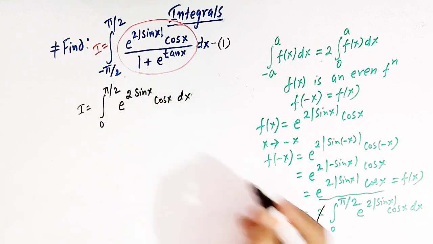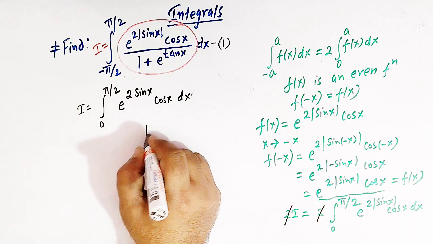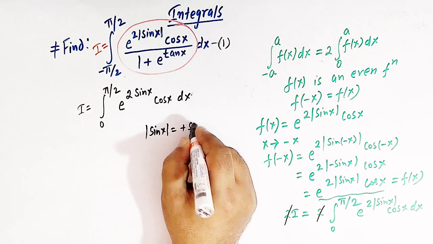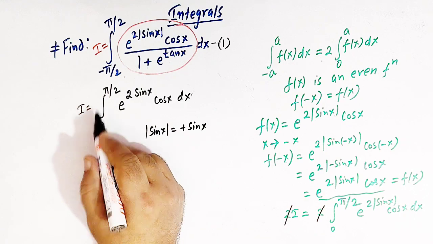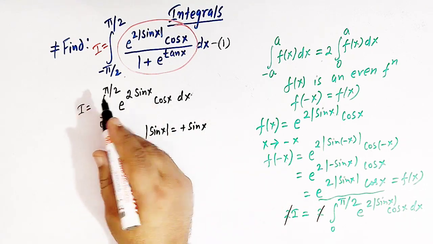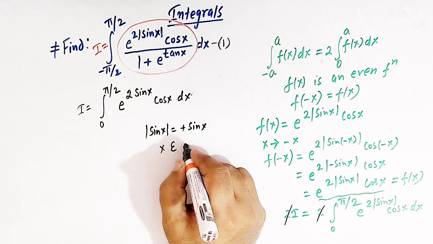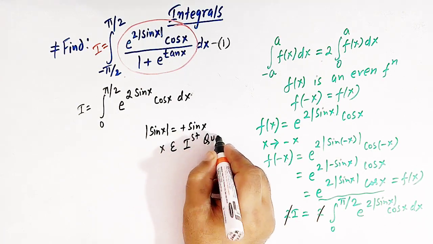Because see, here we have mod of sine x, and mod of sine x is simply positive sine x when we are in the first quadrant, right? Or x belongs to the first quadrant, right?